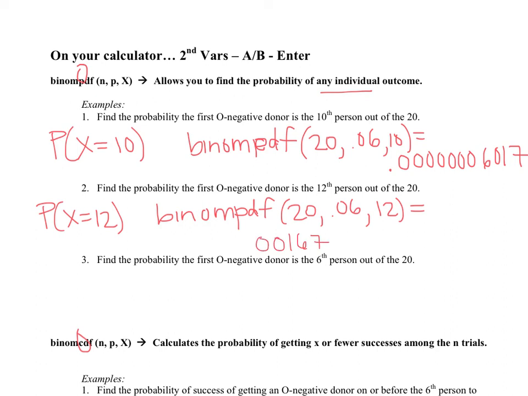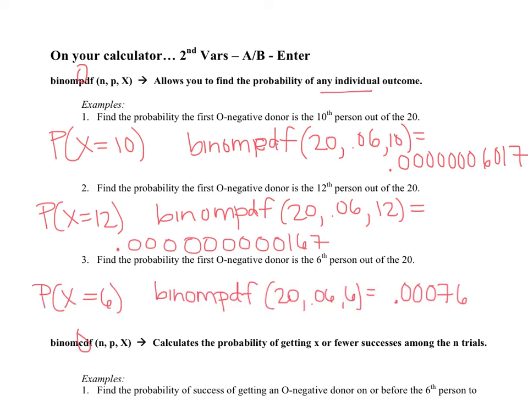So I'm going to add lots of zeros before. Okay, very small chance. All right, fine. Now's a good time to hit pause. Try the next one. Check your answer with mine. You should get, again, a very small chance that it is the 6th person.